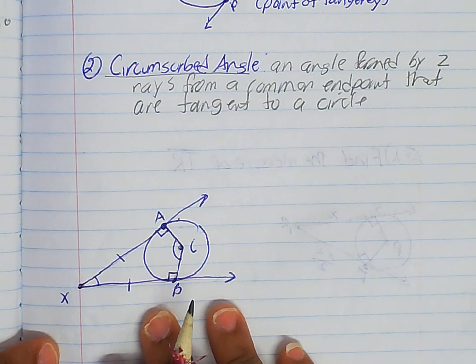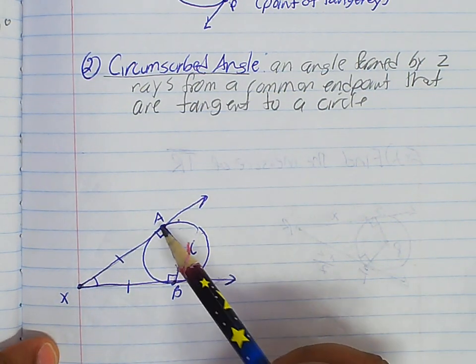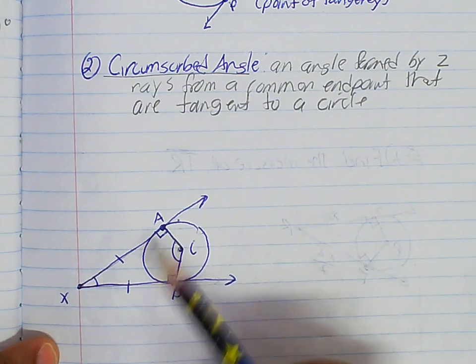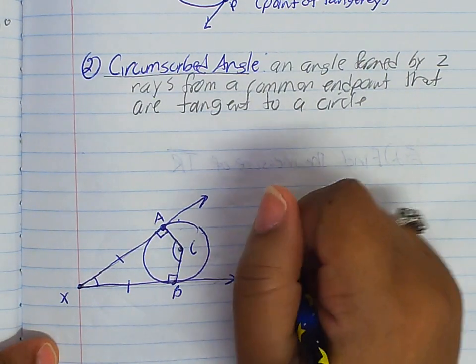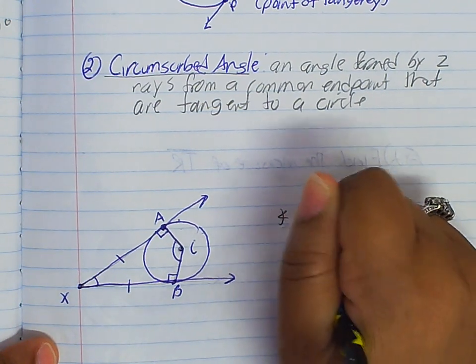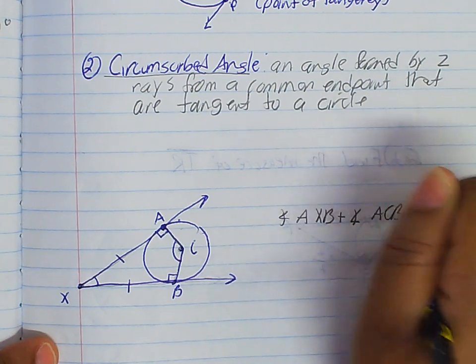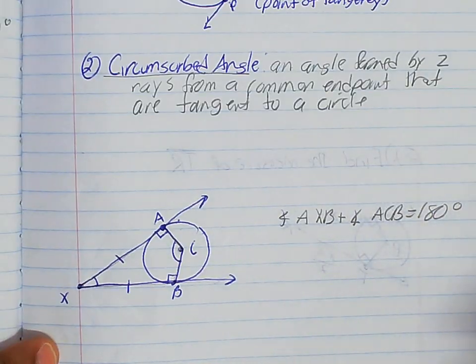Okay, and my picture's a little far down, but this is my picture of it here. Okay, and we can say that angle AXB plus angle ACB equals 180. So let's write that here. Angle AXB plus angle ACB equals 180. So that's important.